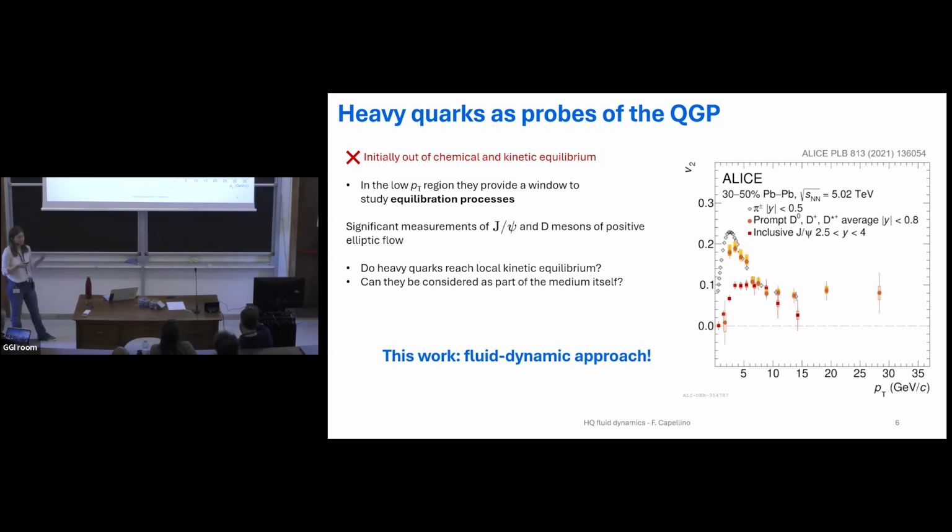And this really raised the questions of whether the charm quarks in particular join the collective motion of the surrounding medium, and so whether they actually reach local kinetic equilibrium within the lifetime of the quark-gluon plasma, and whether they can be considered as a part of the medium itself, so we can treat them collectively with the surrounding medium. And in this work, we adopt this strategy. And so we want to address the heavy quark dynamics with fluid dynamics, such as the rest of the surrounding QGP.